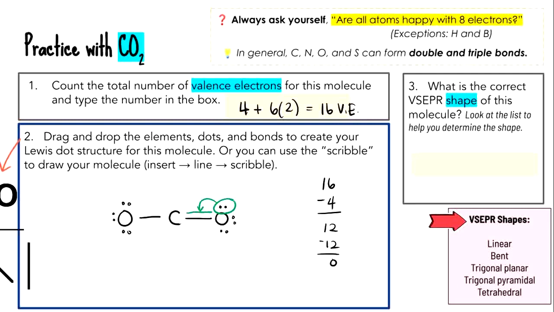Once it does that, these electrons are going to be erased because these electrons are now in the bond. Let's count it again. Now that we moved a pair of electrons, do we have a total of 8? Does this oxygen still have 8? Yes, it does. 2, 4, 6, 8. This oxygen is good to go. This oxygen is still good to go. We did not do anything to that.